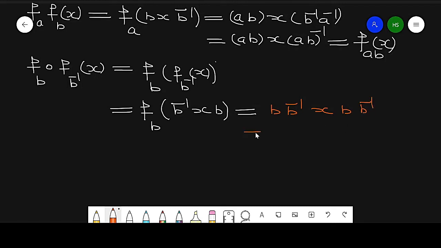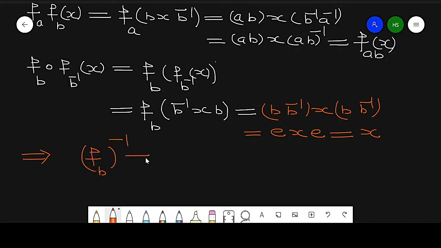Now we get identity, identity, x, identity, so this value is equal to x. What it means is that this is the inverse of this and this is the inverse of this. So we get the inverse mapping of f_b, which is f_b inverse.